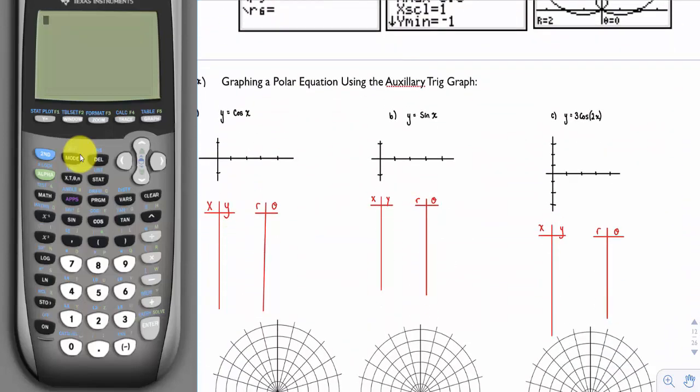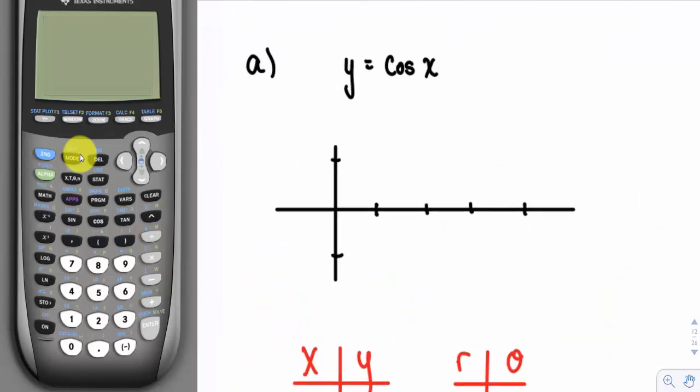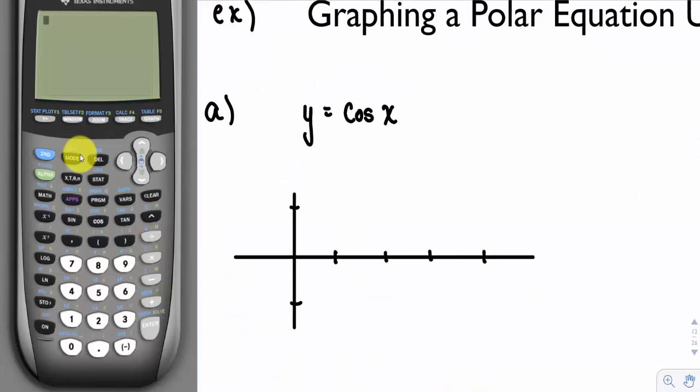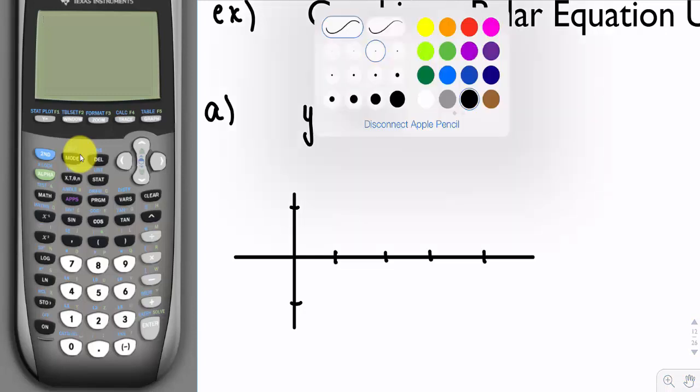So I have some functions up here for us to start graphing. We're going to start with the parent graphs and see what the parent graph does in a polar coordinate plane as opposed to a rectangular one. So you have to remember your parent graphs; they are going to be very crucial for what we're trying to do here.